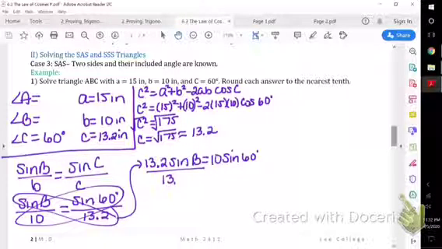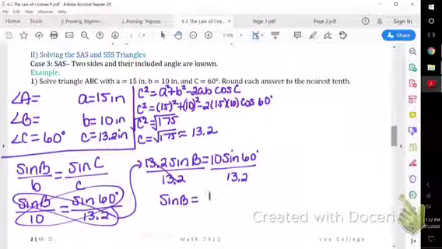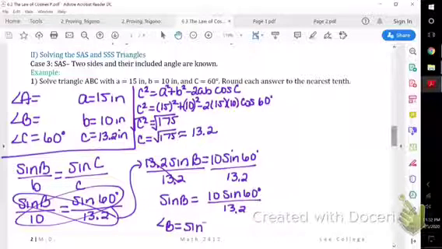Divide by that 13.2. And so sine of B equals 10 times sine of 60 degrees all over 13.2. Remember, when we're looking for an angle, we're going to take the inverse. So angle B is equal to the inverse sine of that fraction there.